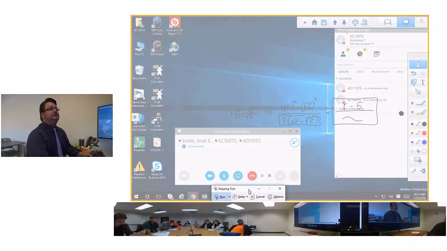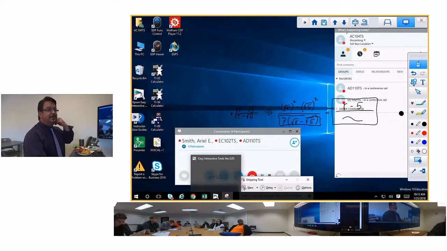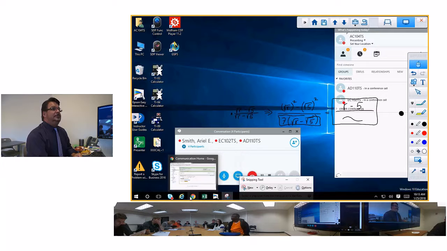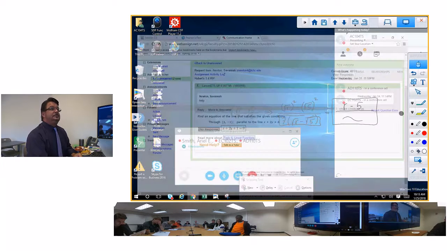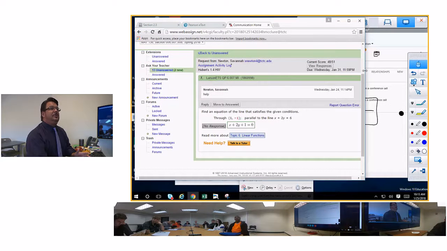Hold on. You were going to snip the equation? Yeah, I was going to snip it. And you were going to paste it on the roll? Yes, but. Oh, damn Russians. It won't come up. I'm going to have to minimize this to get this to come up. I don't understand that. It won't even show up.